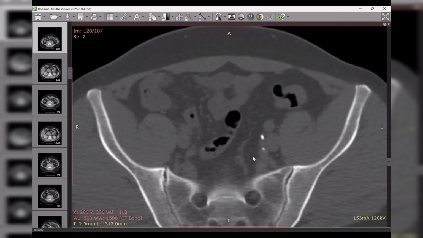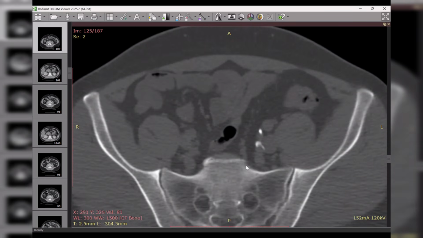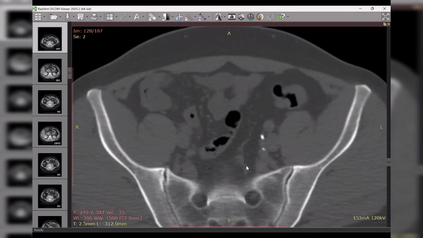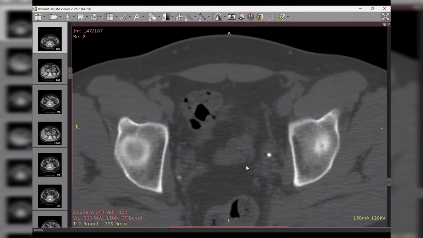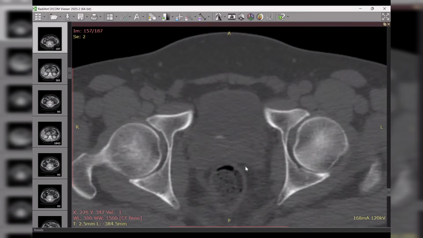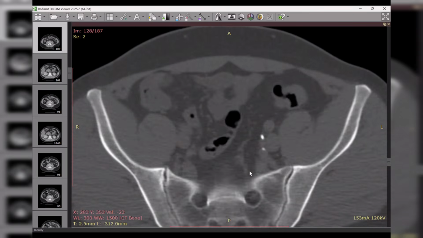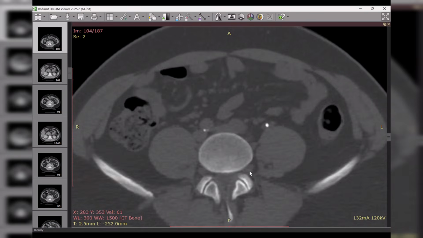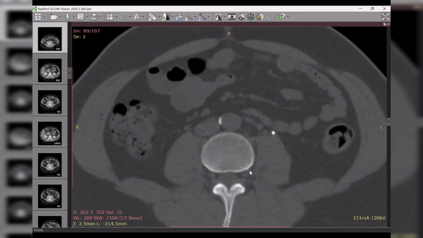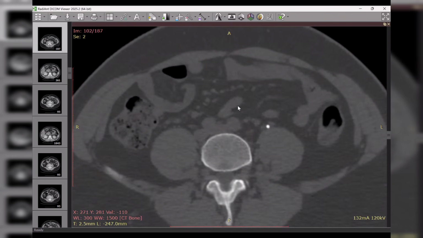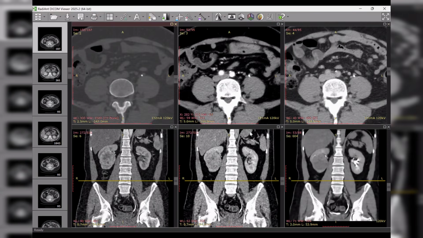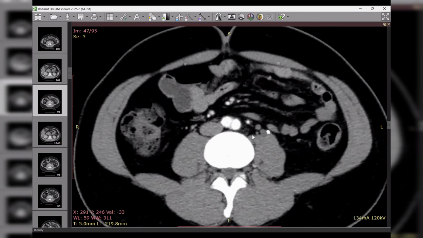So the tip from this one before going to the IV contrast, Dr. Muhammad stated, when we see a double J, it is better to go for a bone window, or even if you want to go for 3D, you will see if there is any stone on top of this stent or not. You got my point? Yes. Then we will go to this one. Okay. This is post contrast.